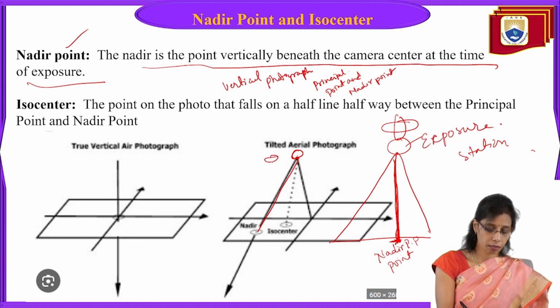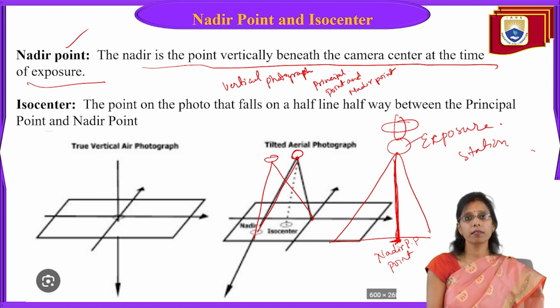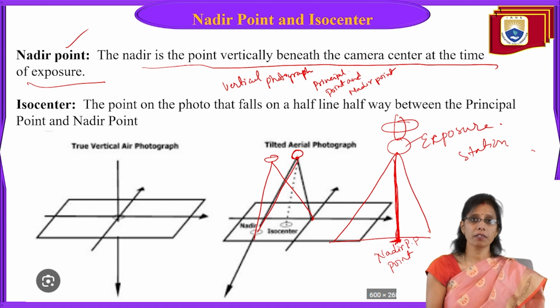If the camera is here, the nadir point is here, and the principal point is somewhere here. Because it's an oblique photograph, it's not vertical. It is inclined with 30-degree and 60-degree angles. We have studied in the previous lecture, we have low oblique and high oblique. In a low oblique photograph, it is inclined with a 30-degree angle. In high oblique, it is inclined with a 60-degree angle.